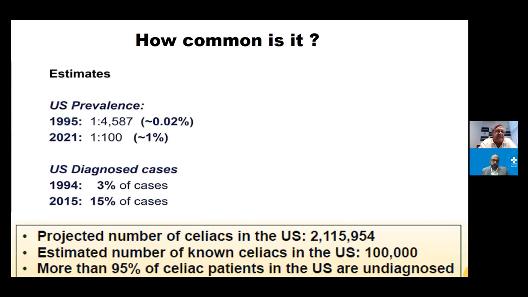He suggested that when he joined Harvard from Ireland, at that time the prevalence was 0.02%. 1 in 4,500 persons were supposed to be celiac. Recently, when they estimated, they found 1 in 100. The real prevalence is 1%.